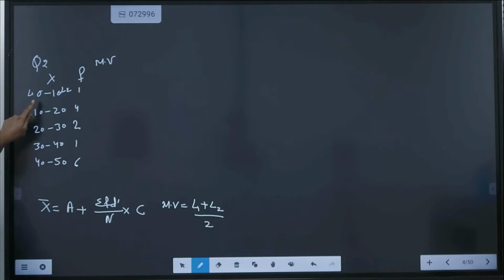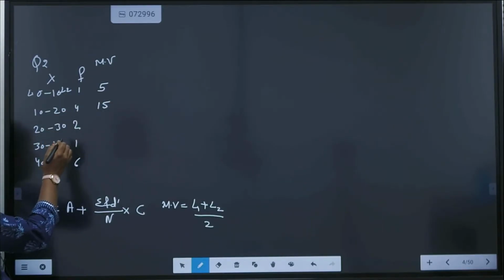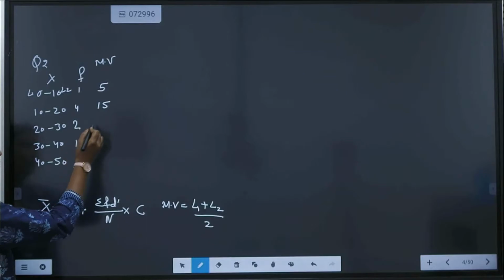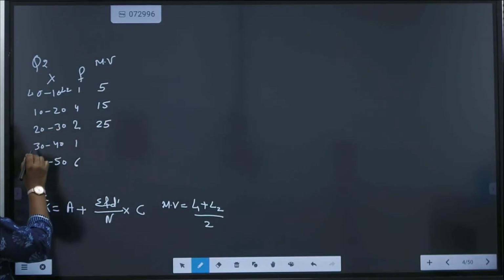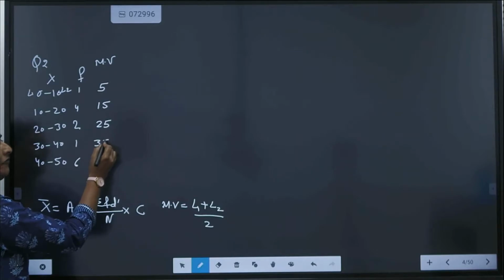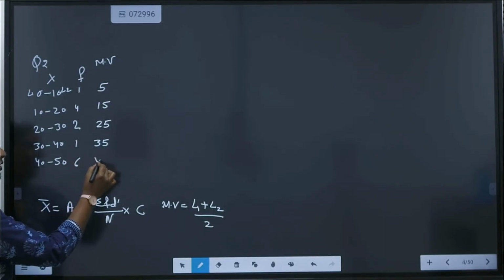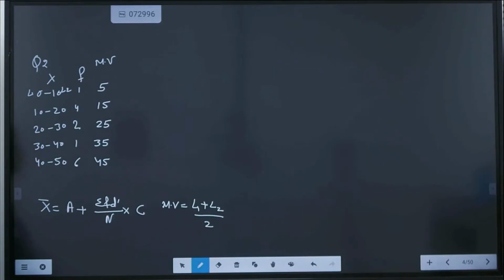So we add 0 plus 10 upon 2, it's 5. 10 plus 20 upon 2, 30 upon 2, 15. 30 plus 20 upon 2, 50 upon 2, it's 25. 30 plus 40 upon 2, 70 upon 2, it's 35. 40 plus 50 upon 2, 90 upon 2, it's 45. Now it's x.